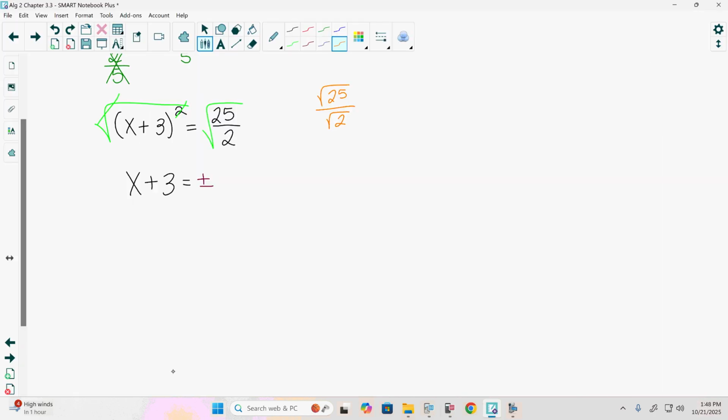But to do that, we had to take the square root of 25 over 2 and break it up into the square root of 25 over the square root of 2, which simplifies to 5 square roots of 2 over 2. Questions on this here?